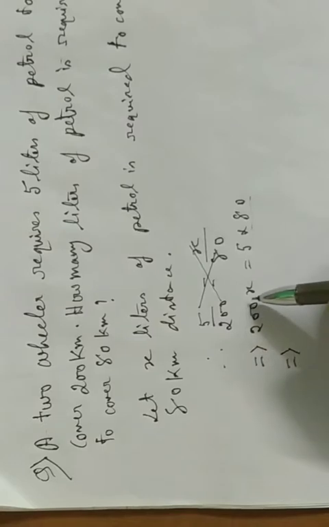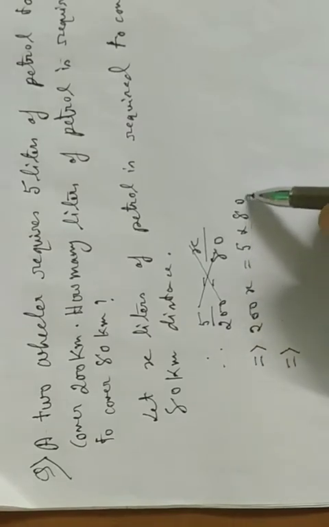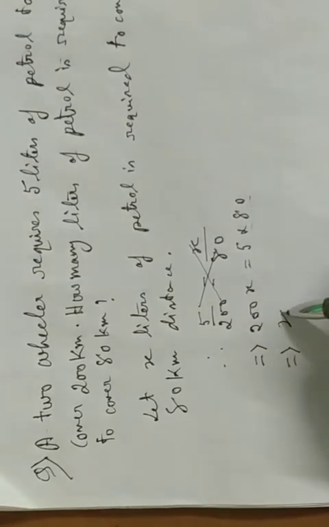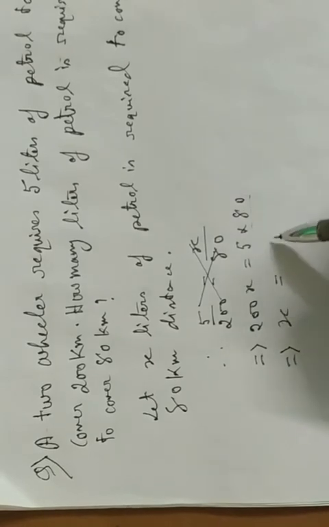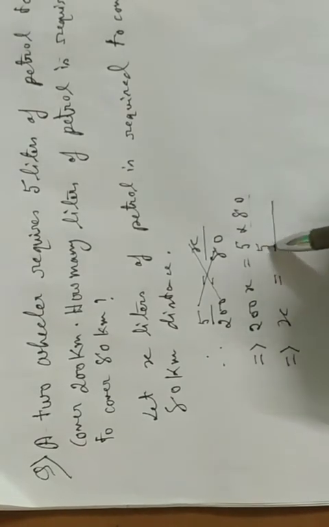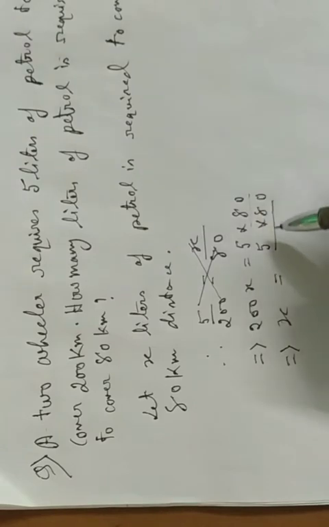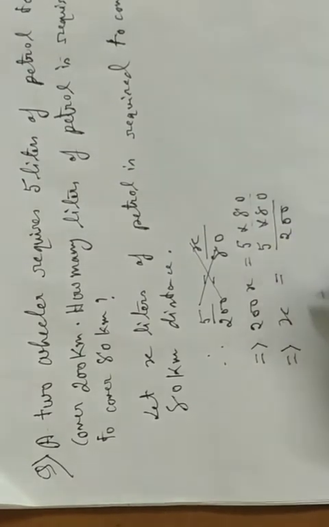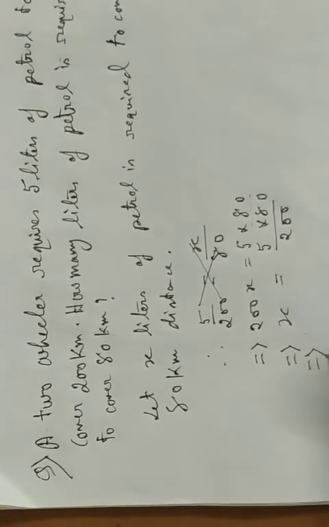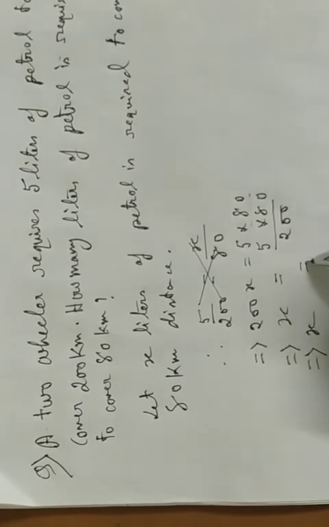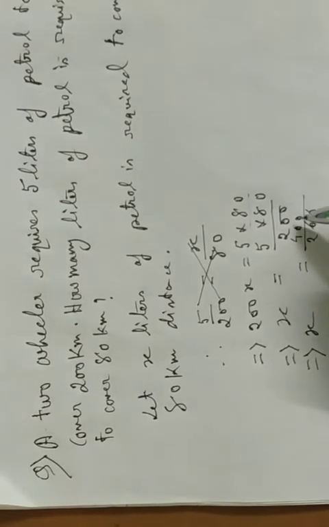Here it is multiplied, here it will divide. Concept of cross multiplication. X is equal to 5 into 80, 400, divided by 200, which is 2 liters.